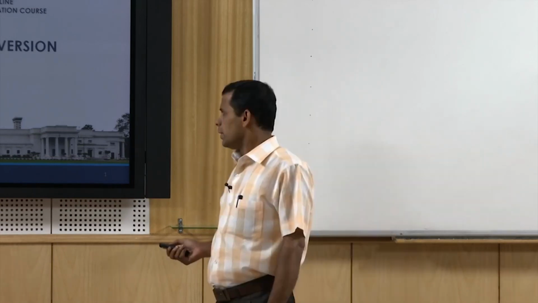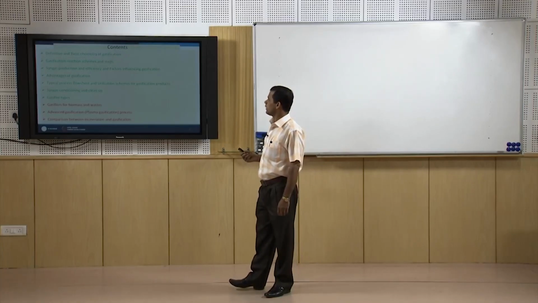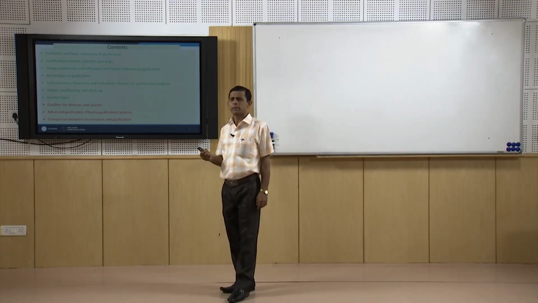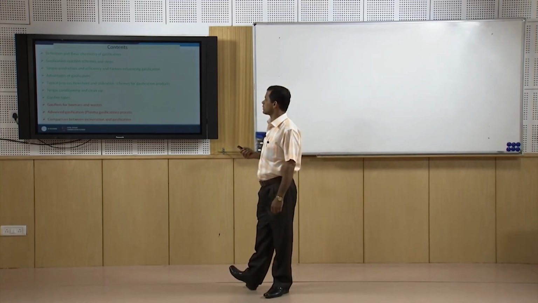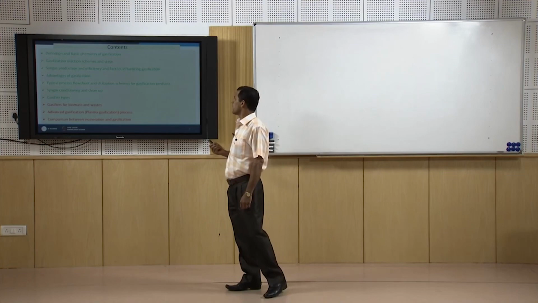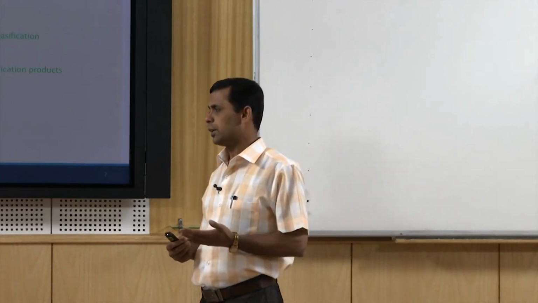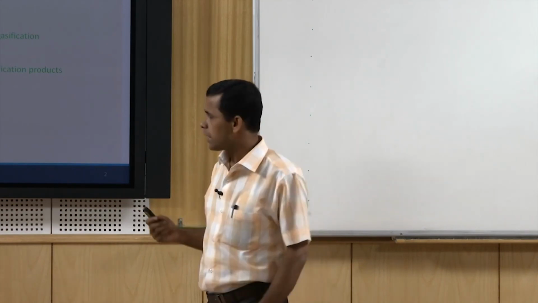So, we will divide this whole module into two parts. In the first part we will discuss the definition and the basic chemistry of gasification, mechanism and different steps of gasification, and then oxygen requirement, syngas production and efficiency, factors influencing gasification, advantages of gasification, typical process flow sheets, the need for cleanup of the syngas and its conditioning, as well as some gasifier types.